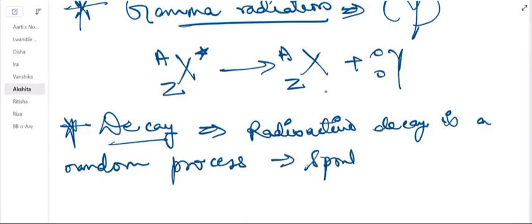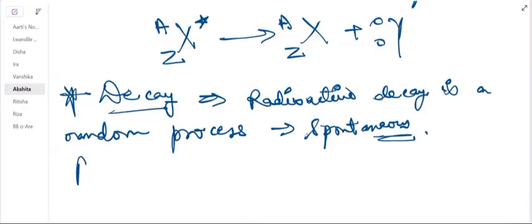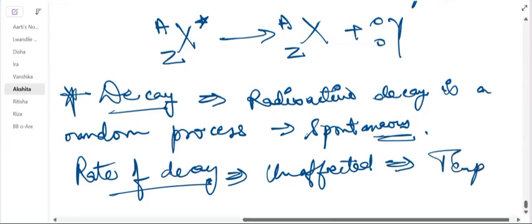Also, it is spontaneous in nature. Okay. So the rate of decay gets unaffected by the external factors, that is, you can say temperature, etc.